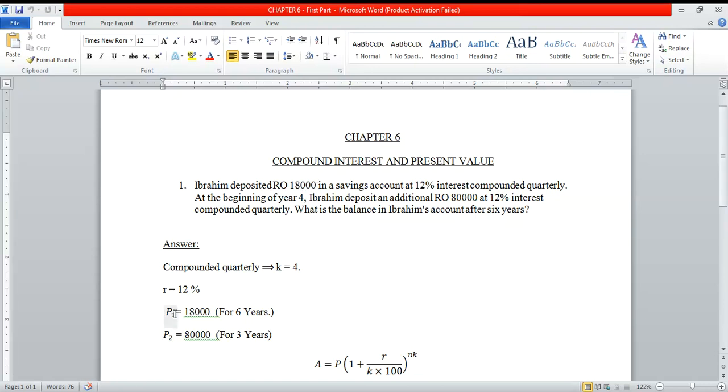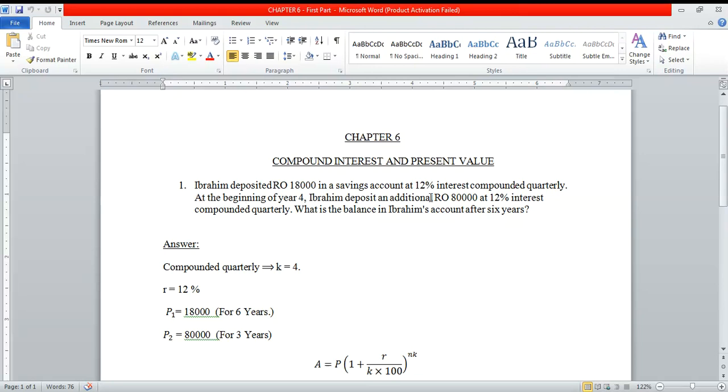So the first principal amount, P1, equals 18,000 Oman Riyal. And this 18,000 Oman Riyal is deposited in the account for all 6 years. So I mention here, for 6 years.